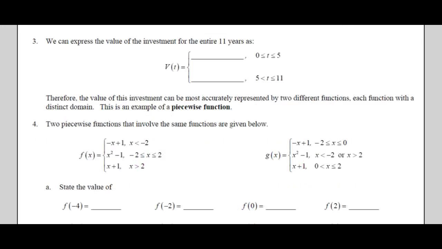We can express the value of the investment for the entire 11 years as v of t equals, right? So we're just going to write two separate functions and stick a domain on them, right? So, if you're between 0 and 5, then we've got the one function, which was 200t plus 1,000.